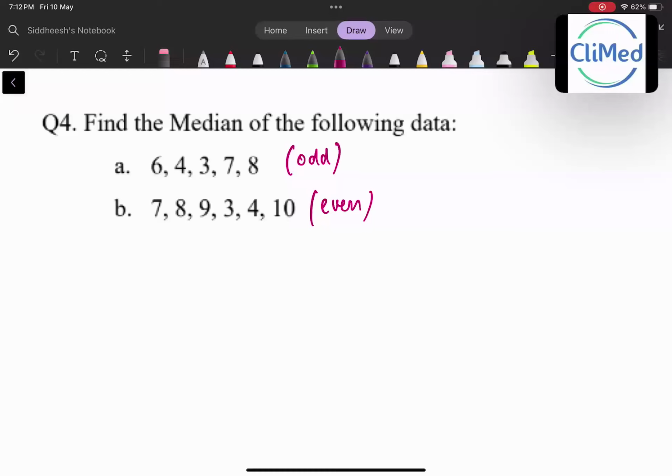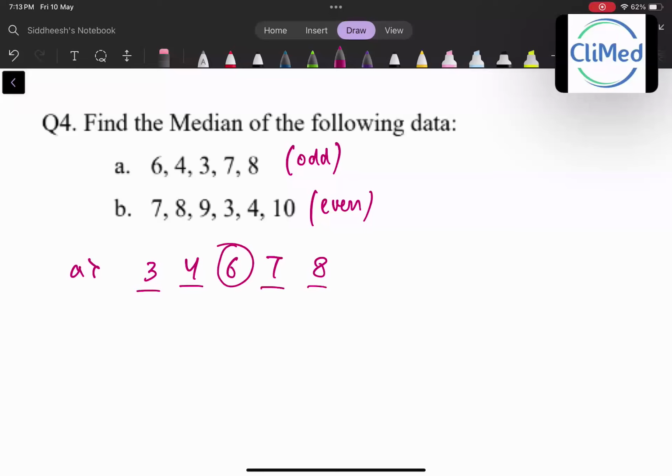First take up the A part. The first step we all should be able to follow is the arrangement of numbers from the lowest to the highest. So 3, 4, 6, 7, 8. Finding the median is very simple in the case of odd values because we need to find the central number.